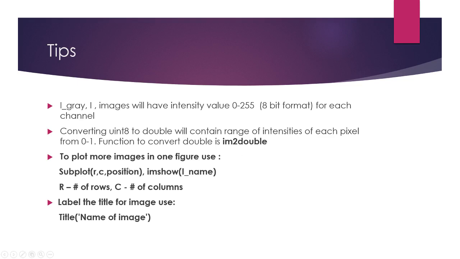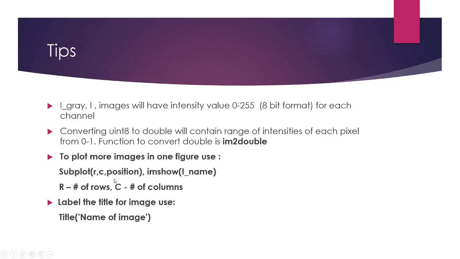So you can plot more than one figure. How? By using this subplot(R, C, position). This means you can provide a matrix which contains the number of rows and columns you want to have. That is designated by R and C. Once you know what kind of matrix you're looking for, maybe 4 images to plot or 2 images to plot, you can designate this R and C. After you know R and C, all you have to do is provide the index or position.